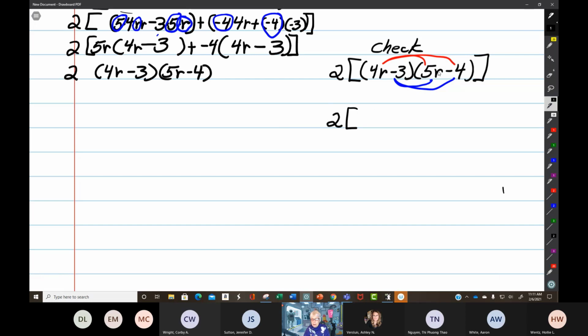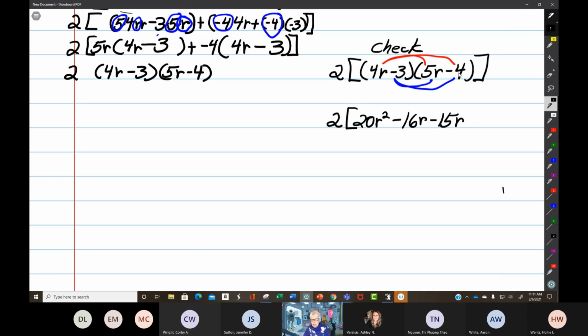Okay, 4R times 5R is 20R squared. 4R times minus 4 is minus 16R. Minus 3 times 5R is minus 15R.